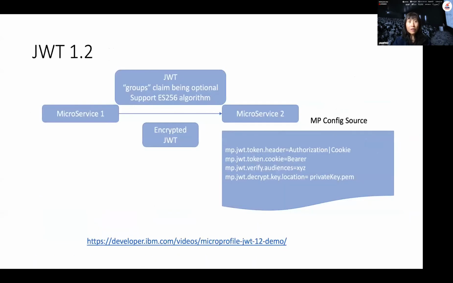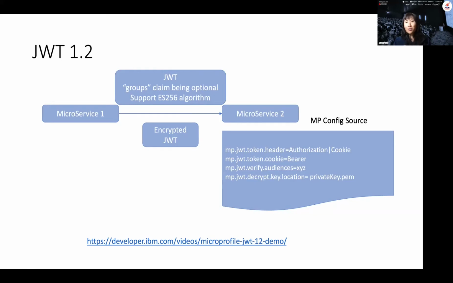The other thing is JWT 1.2. In JWT 1.2, we added support for the ES256 algorithm, whereas previously we only supported RS256. Now we also support encrypted tokens, so you can encrypt the JWT. Also, previously your JWT could only appear in the authorization header.